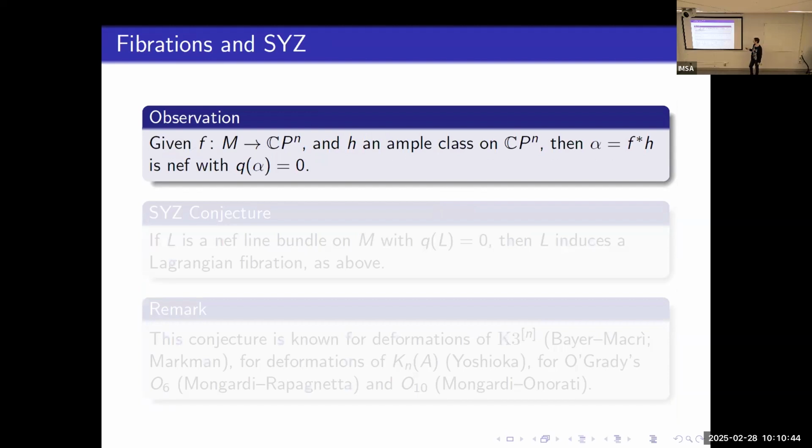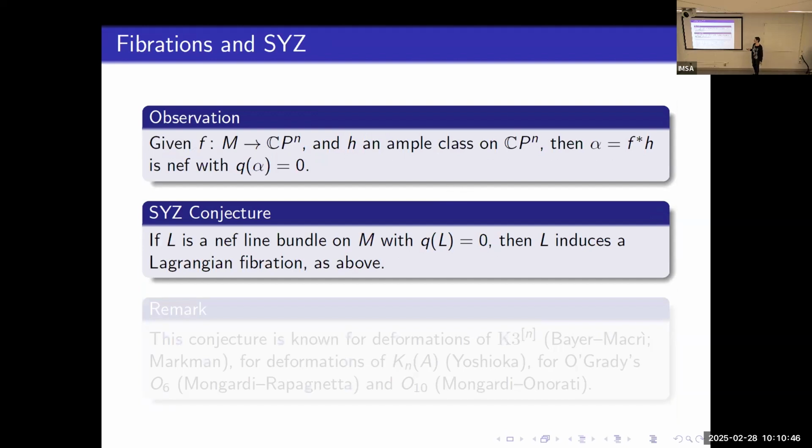Bogomolov form. And then it's conjectured, this is called the SYZ conjecture in the hyperkahler case, that if you have any nef line bundle on a hyperkahler with vanishing self-intersection with respect to the Bogomolov form, then it induces a Lagrangian fibration. So it's if and only if.